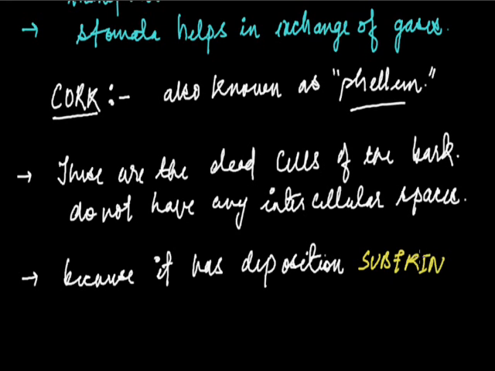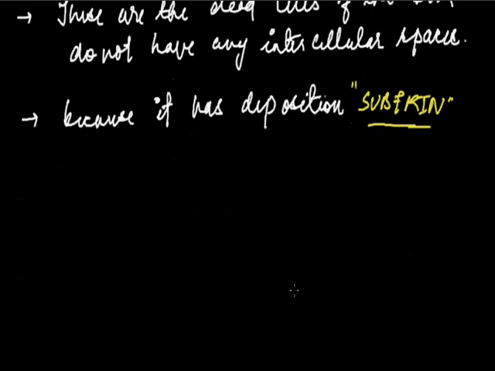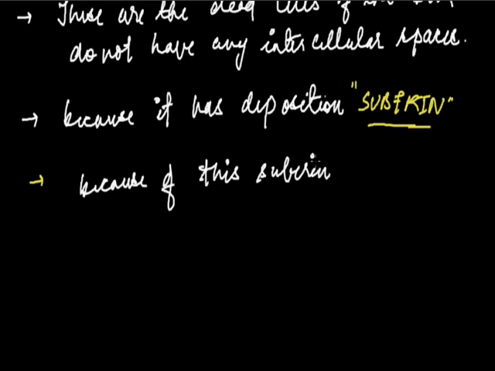So this suberin makes the cork cells dead, and that is why these cells become impermeable to water because of the suberin deposition.